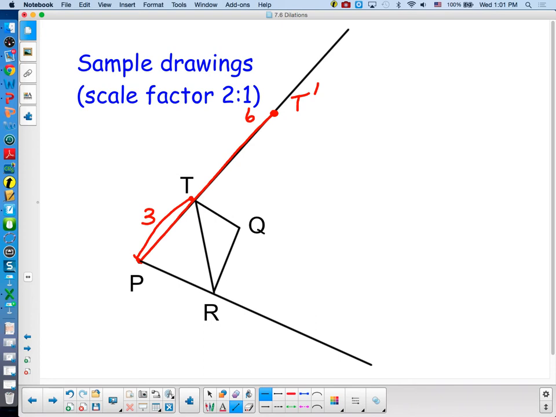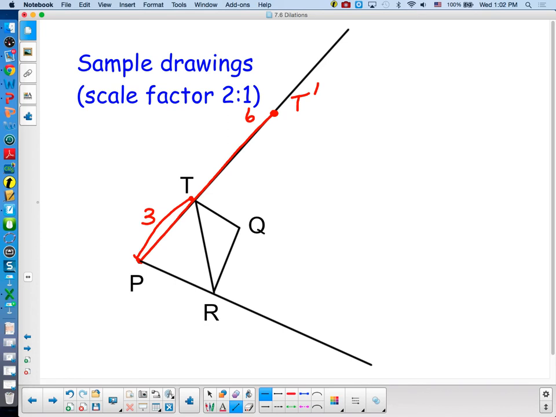P to R is how far? Is that 2.6 or 2.7? 2.7. It's kind of debatable which one.